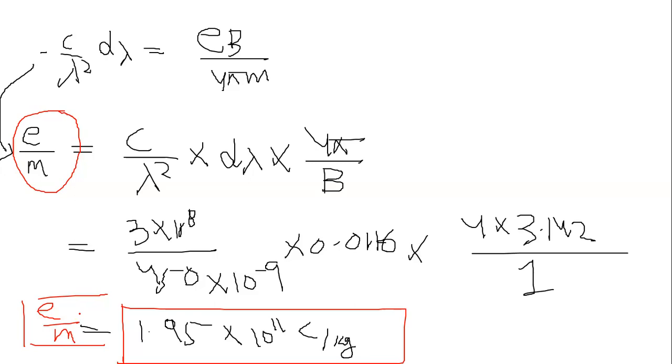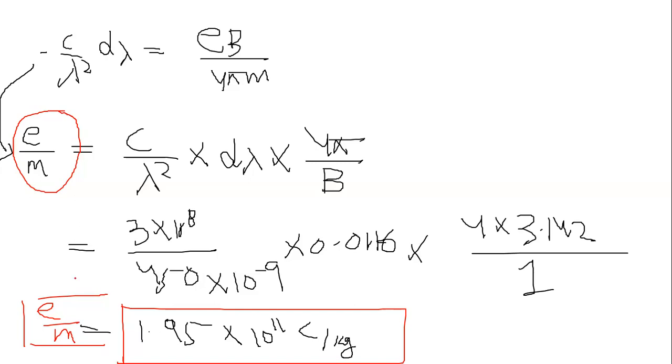Can anyone tell me what this ratio is otherwise called? E by M has some name. Charge by mass. It is known as specific charge, which is also known as charge by mass.